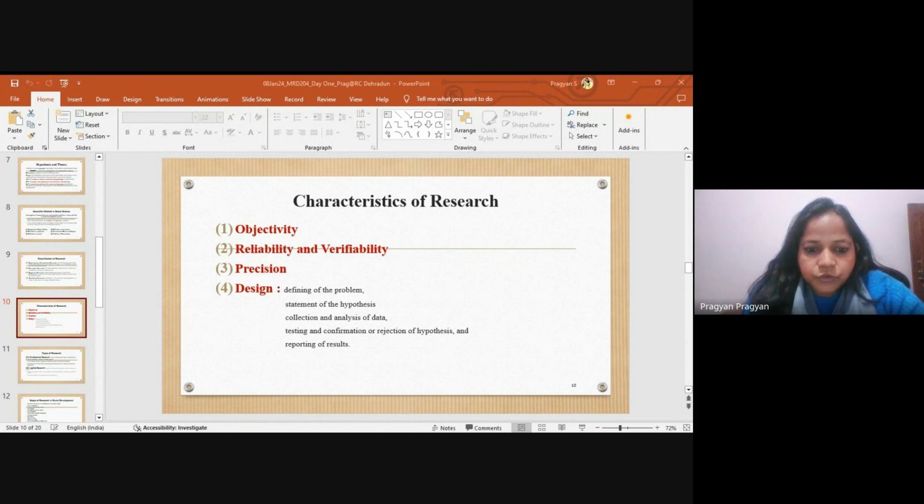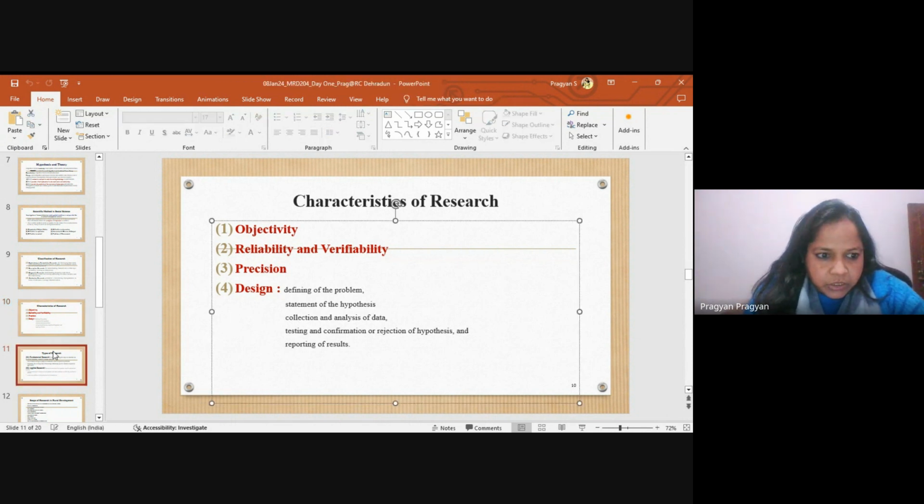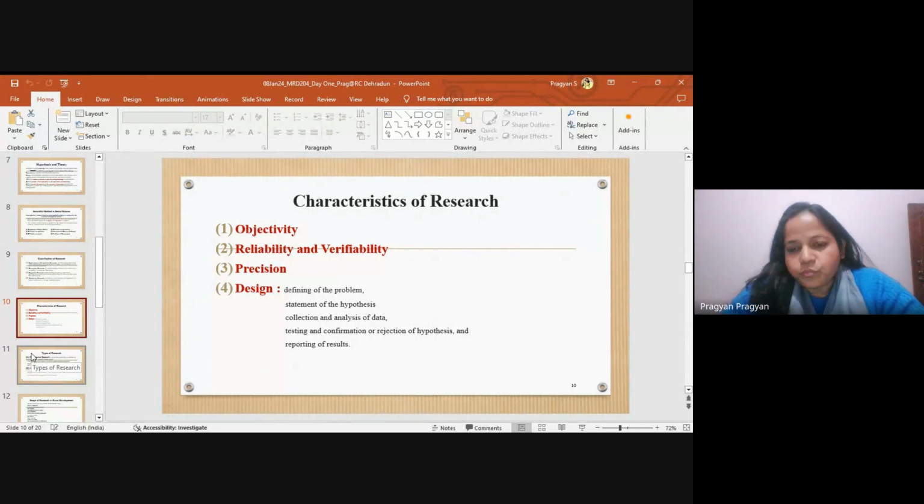Till then, we are going to discuss the third point of our key characteristics regarding research: precision. What is precision? Precision means you can't generalize your research too much. Like when I told you that 90% of students present in my class are girls, and that college is located in a remote area.